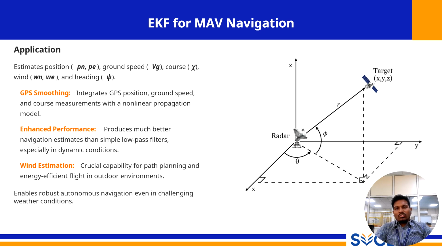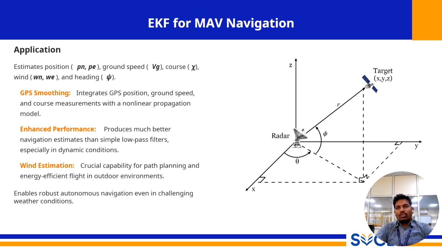It estimates position, pn and pe, ground speed, Vg, course, denoted by chi, wind, denoted by wn and we, and heading, denoted by the letter psi. This state vector is incredibly rich.